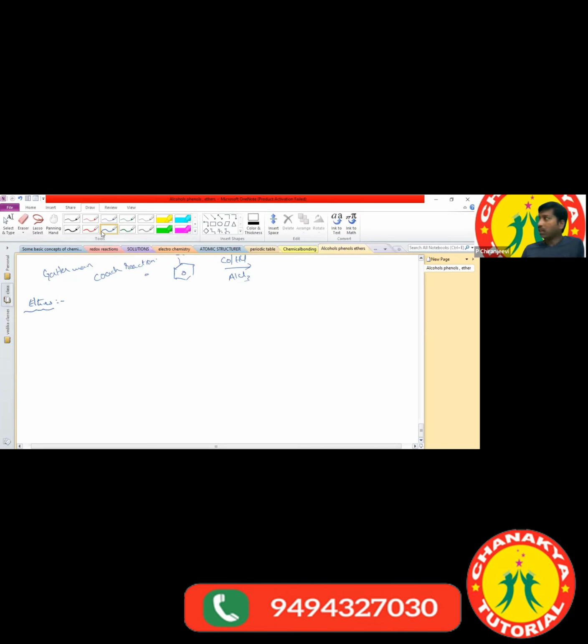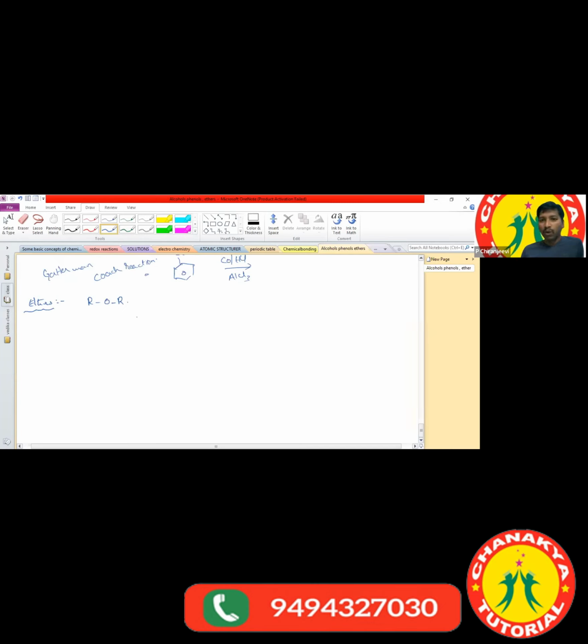What is the general formula of the ethers? Shriyata, do you have any idea about the general formula of the ethers? R-O-R is called an ether.